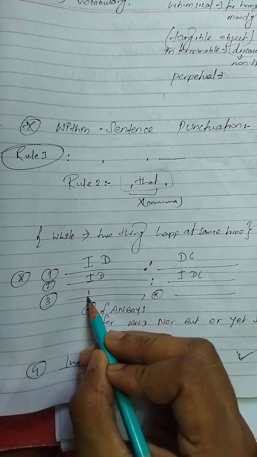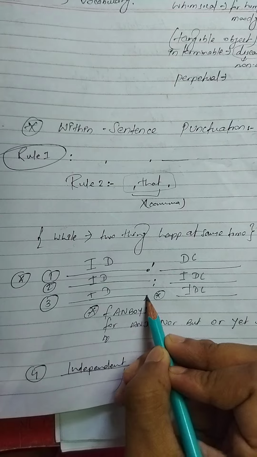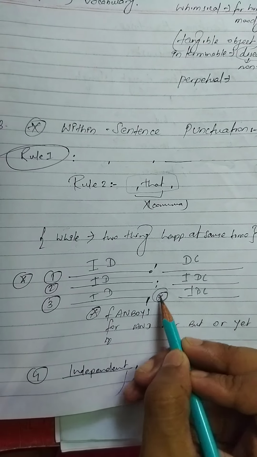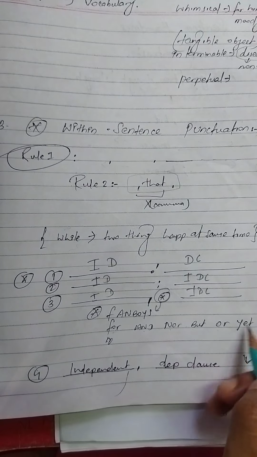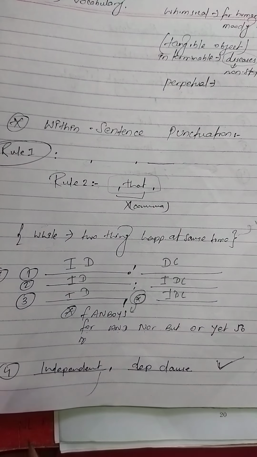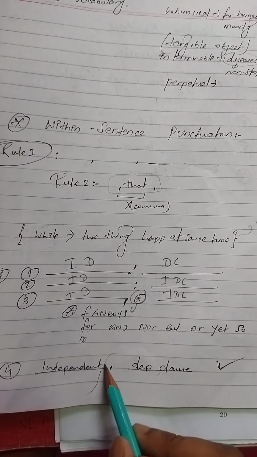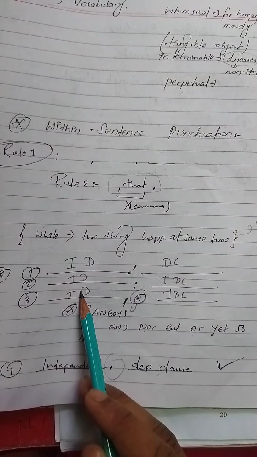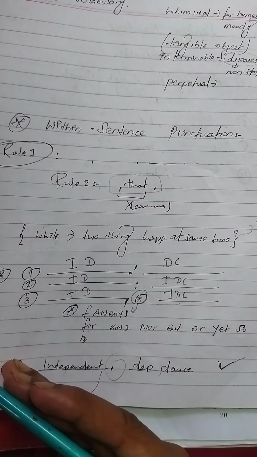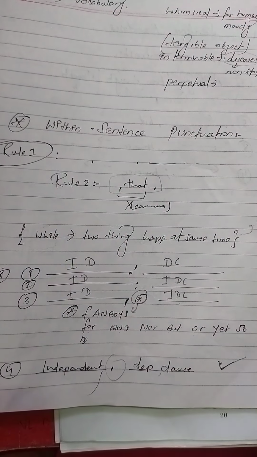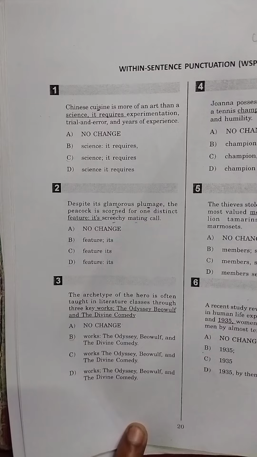Or if there is an independent clause and also an independent clause, then you can join by a comma, and here a FANBOYS is to be used: either for, and, nor, but, or, yet. So if an independent clause and a dependent clause are given, then we can only use a comma. An independent clause is a sentence which has a complete subject, verb, and object.